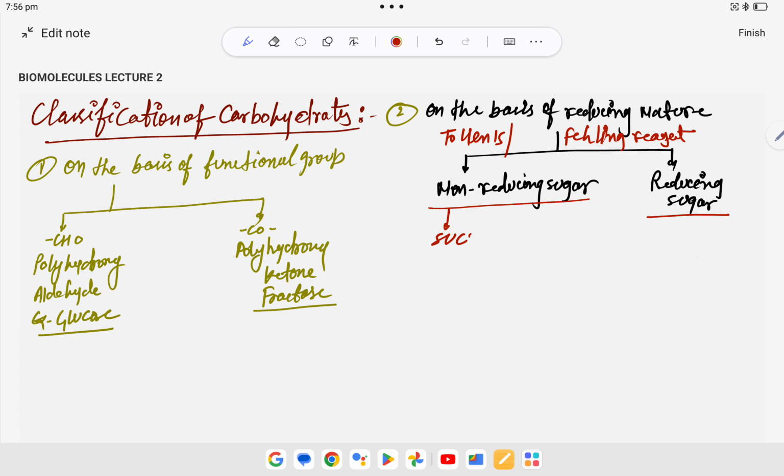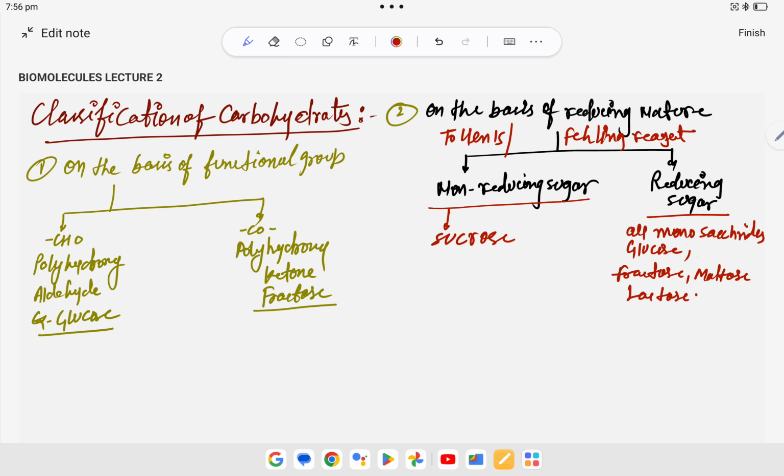And here reducing sugar: all monosaccharides like glucose, fructose, maltose, lactose.